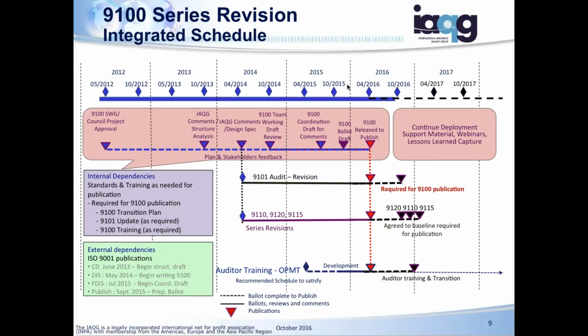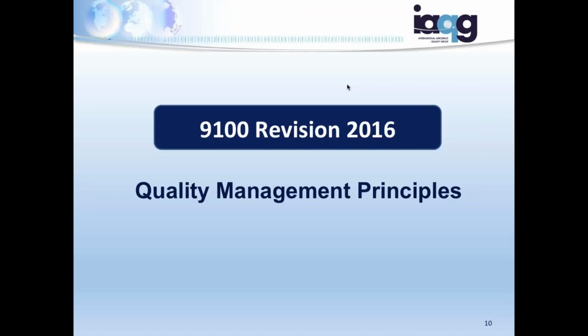The auditor training is for certification body auditors. That training will be available at the end of this month. Certification body auditors will be required to take that training before they can start conducting audits to the new standard. If you, as an organization, would like to have the same level of training for your auditors, that training is available through Plexus.